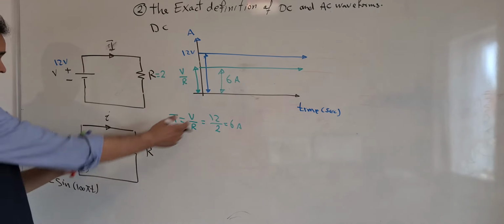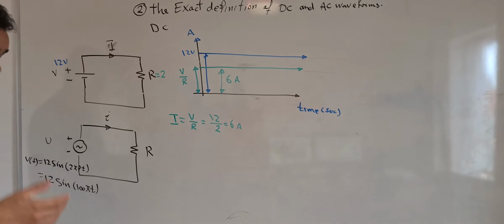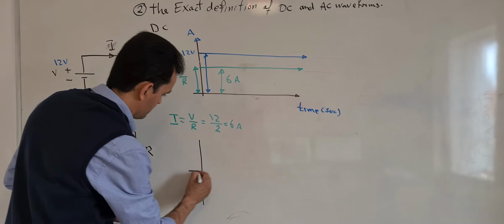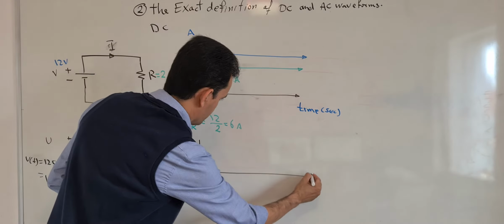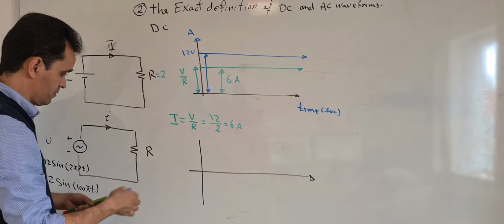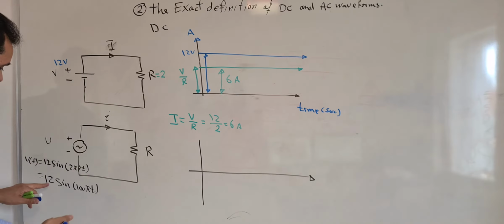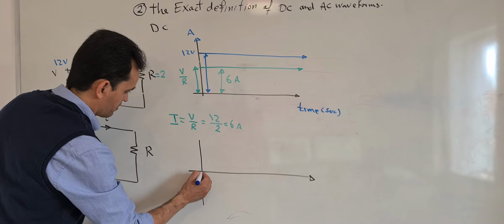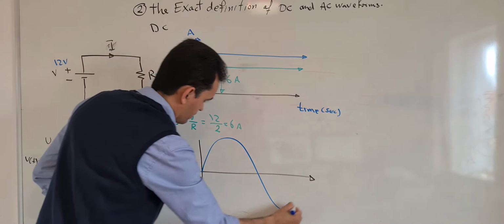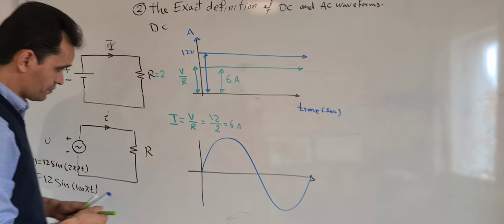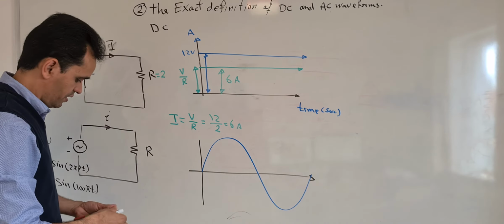Now let's plot that behavior here and let's see the difference between voltage and current. So the voltage will take a sine waveform. It has a maximum value of 12 with the frequency 50 hertz. Now let's look here.